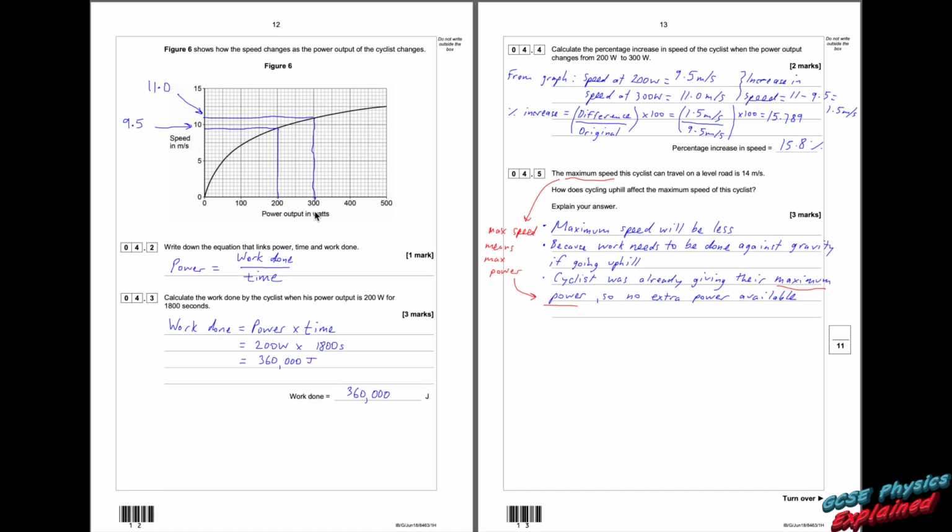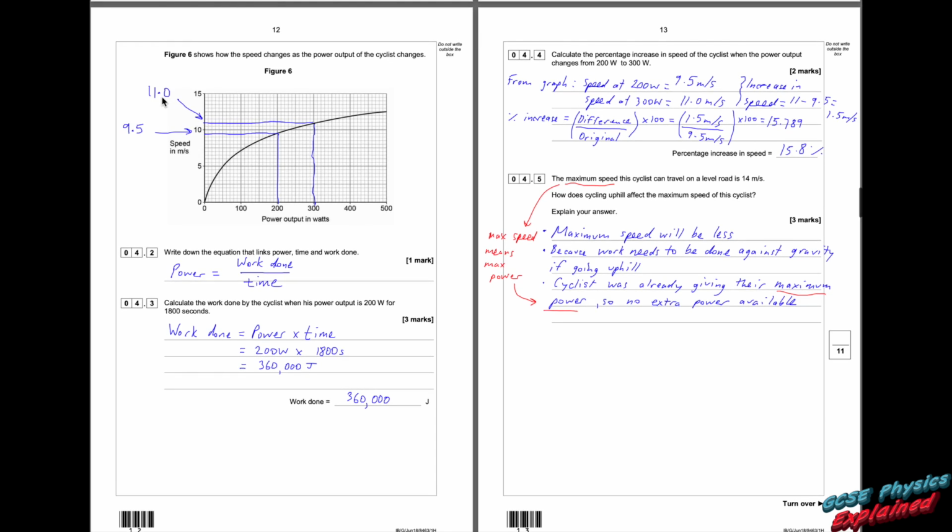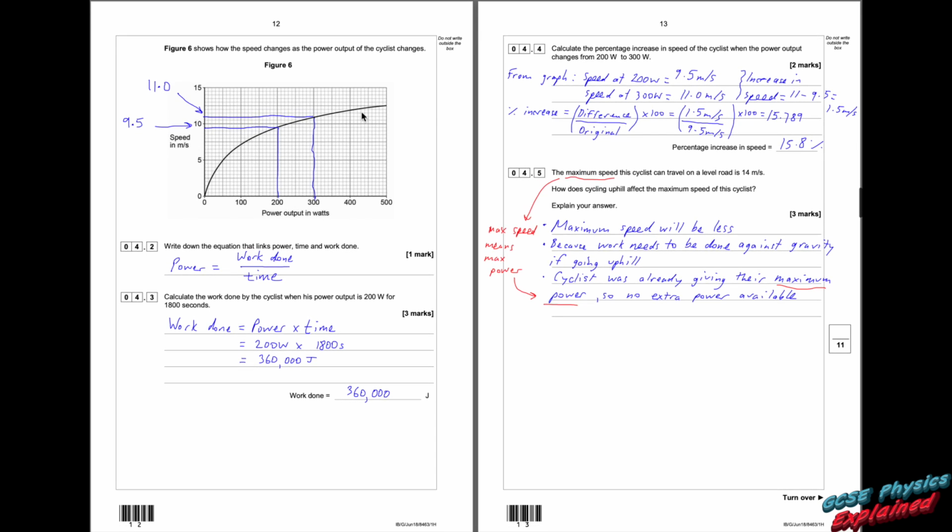And at 300 watts, that will be a speed of 11 meters per second. So the increase in speed is 1.5 meters per second.